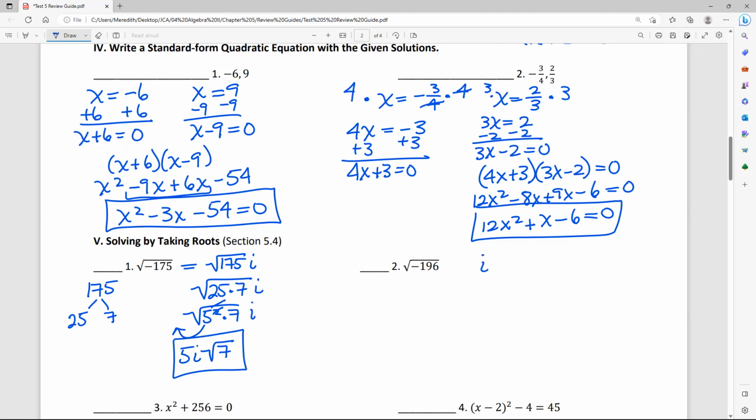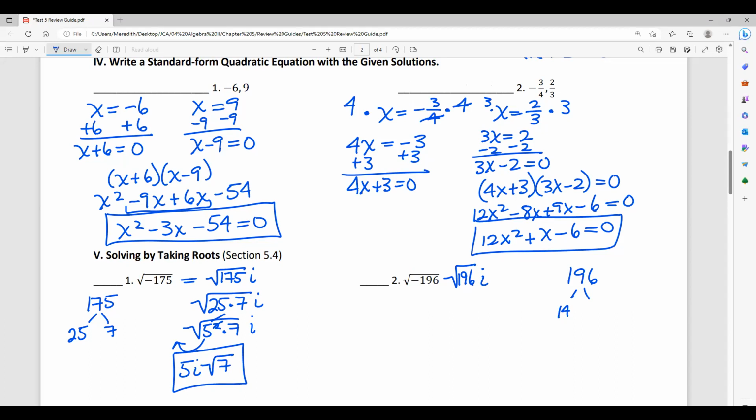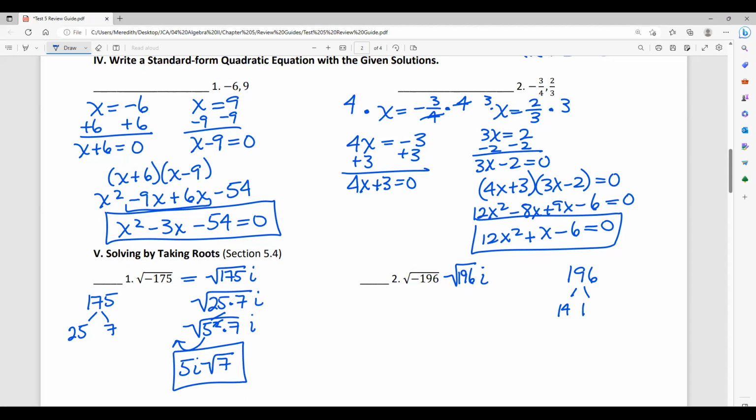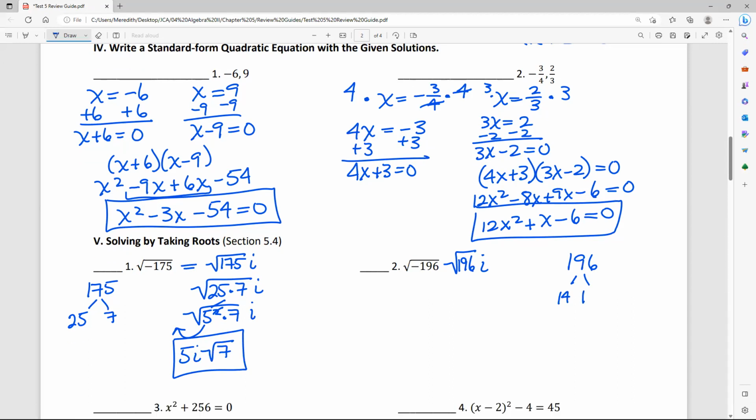All right, 196, exactly the same thing. Immediately pull out that negative, and then you're just working with the square root of 196i. Now, 196, I'm pretty sure is 14 times 14. 14 goes into 19 one time with 5 left over. 14 goes into 56 4 times.